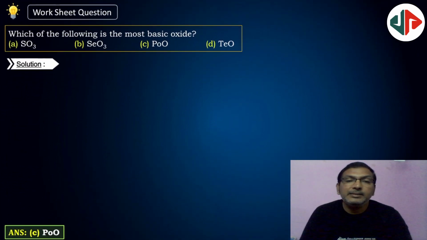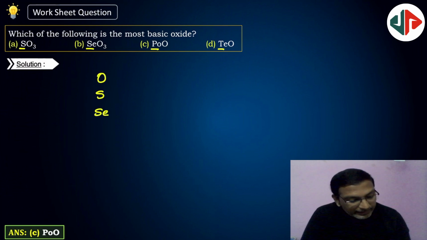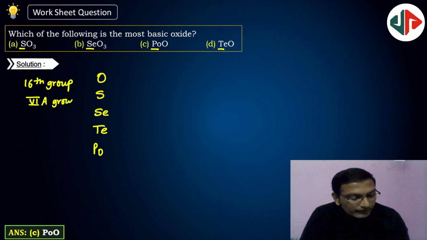Which of the following is the most basic oxide? These are the central atoms here: sulfur, selenium, polonium and tellurium. Oxygen, sulfur, selenium, tellurium, polonium. This is the 16th group, or 6A group.